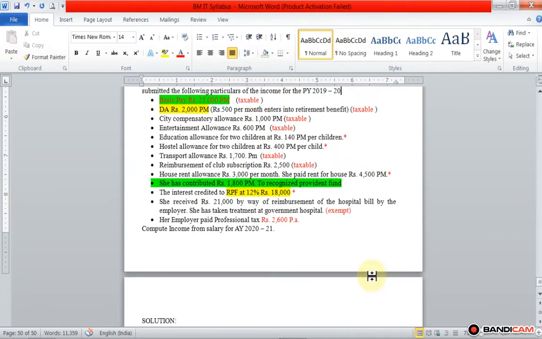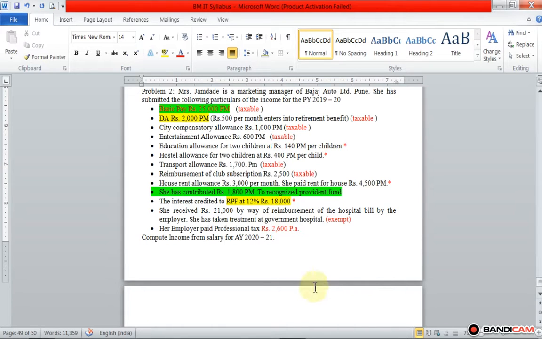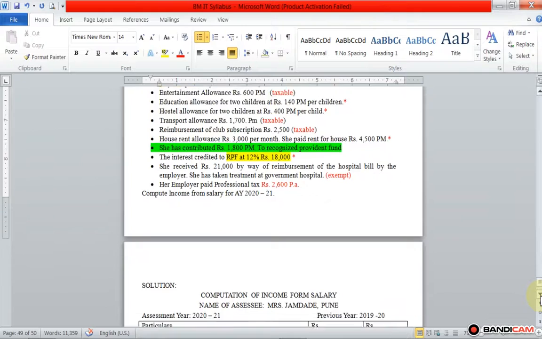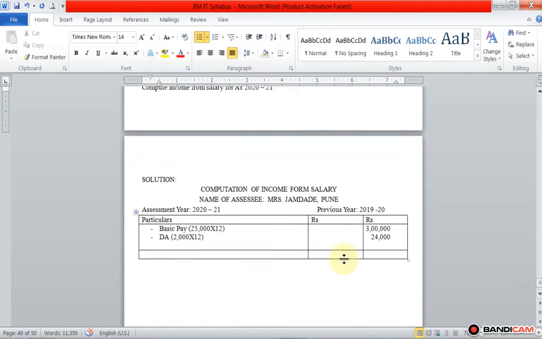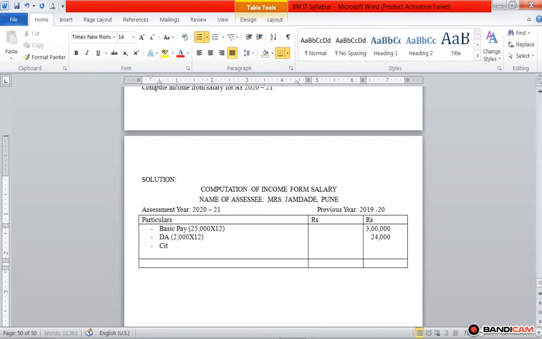Then here it is very important that rupees 500 is considered for retirement benefit. Then city compensatory allowance, rupees 1,000 per month. The whole amount of city compensatory allowance is taxable.